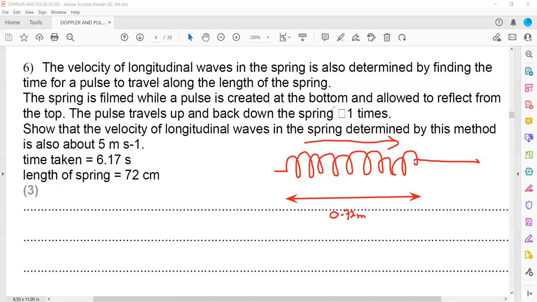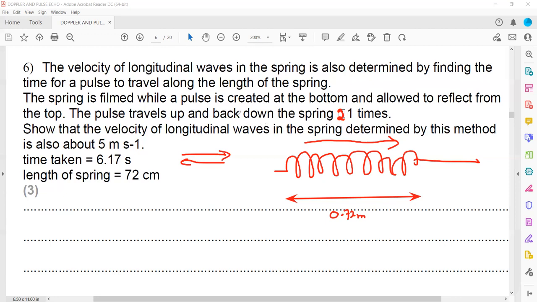The time it took is 6.17 seconds, but that is for a number of trips. It's about 21 times. So 21 times the pulse is sent and bounces back, going, coming back, going, coming back.